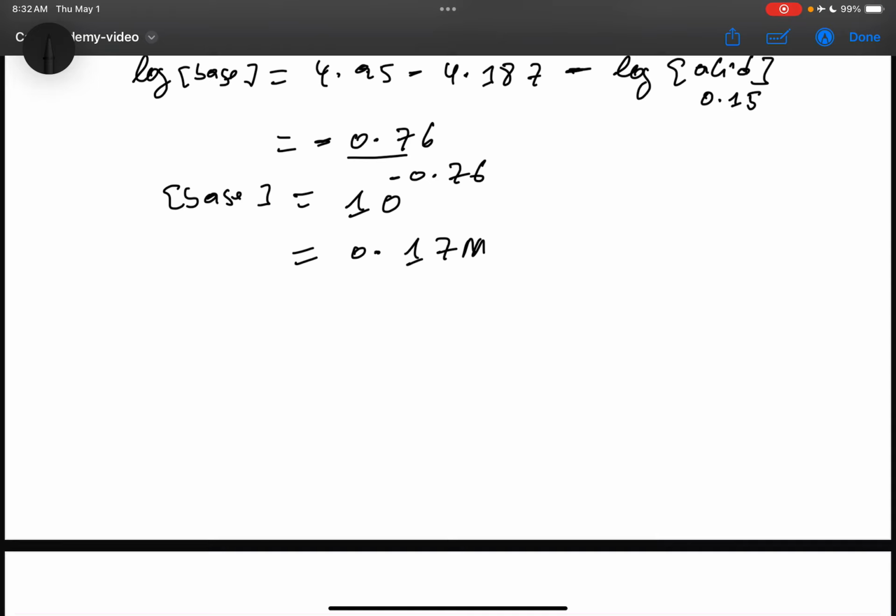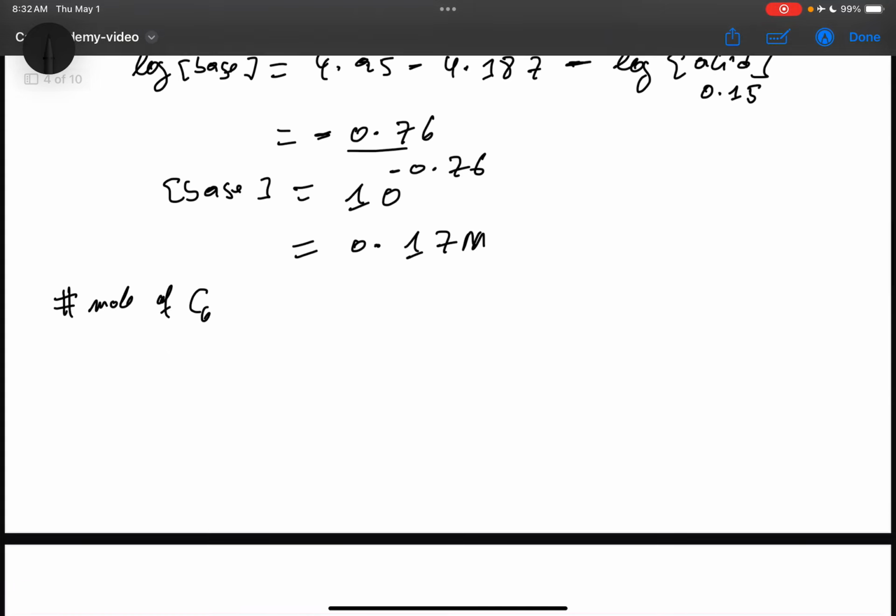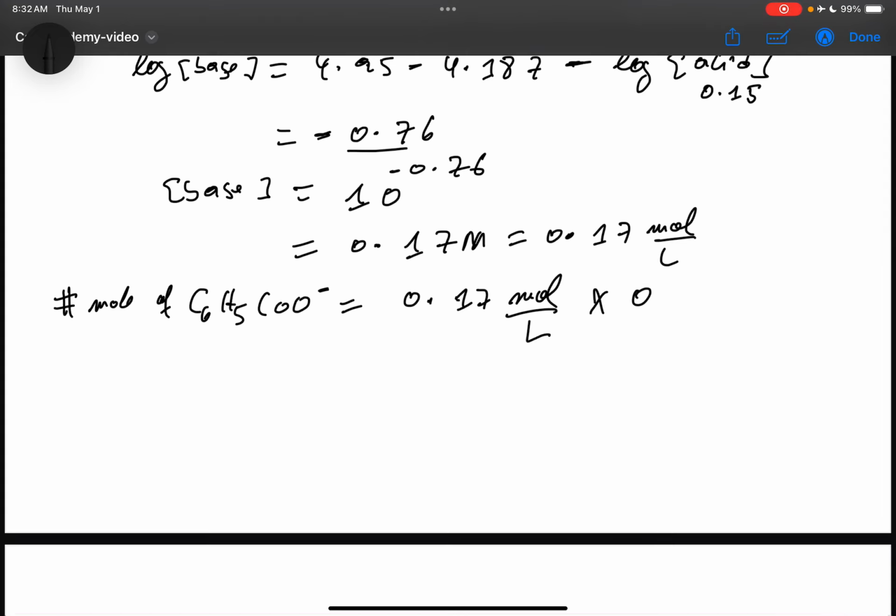We can calculate the number of mole of the base using the volume that we are given. Number of mole of the conjugate base is equal to 0.17 mole per liter times 0.1500 liter, and we can easily get 2.6 times 10 to the power of minus 2 mole of this base.